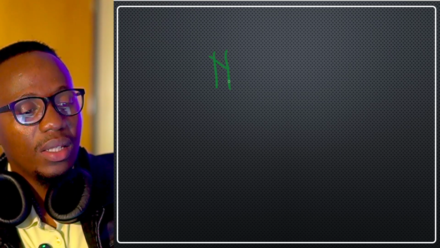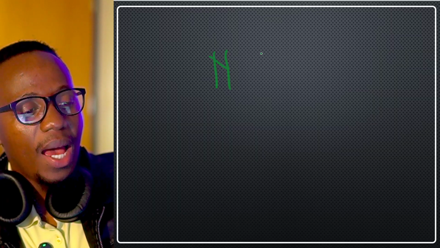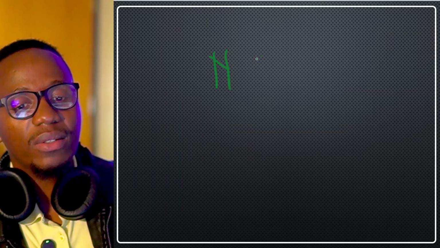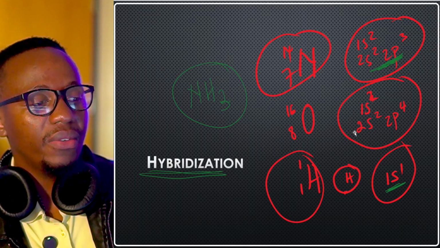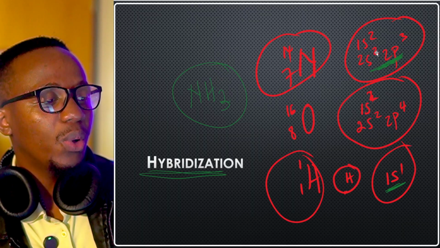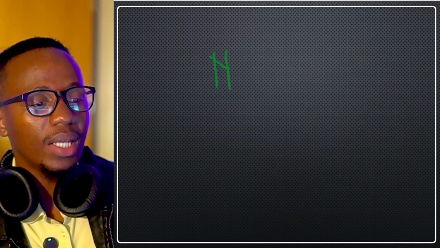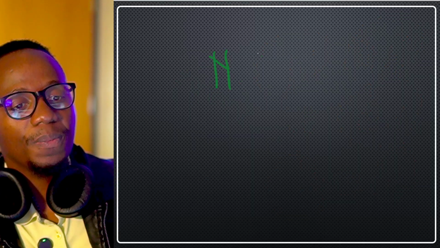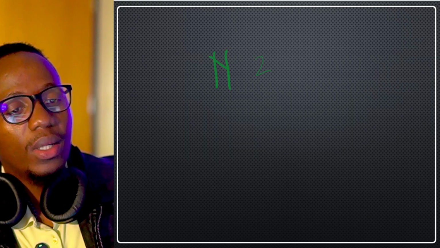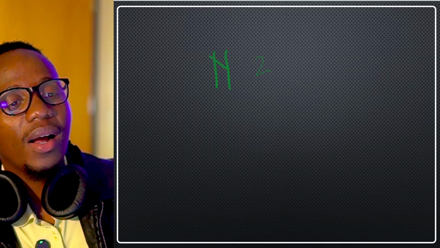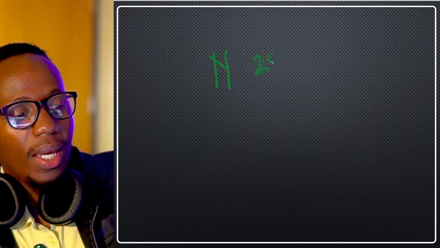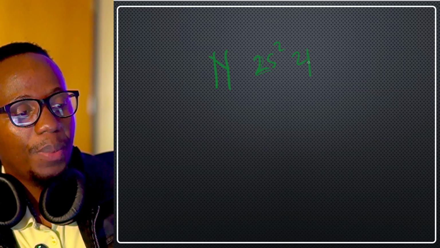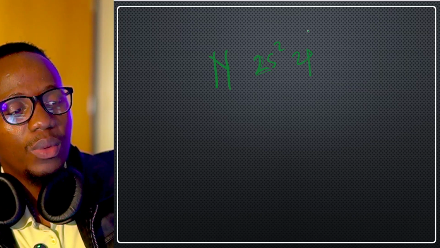So we said the nitrogen has, on the outer layer, let's just do the outer layer, 2s2 and 2p3, right?